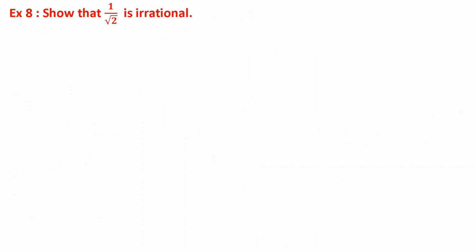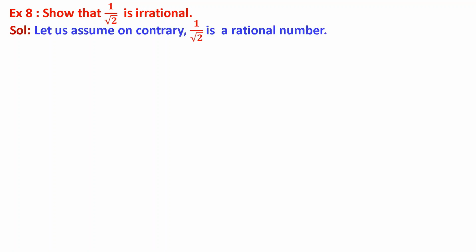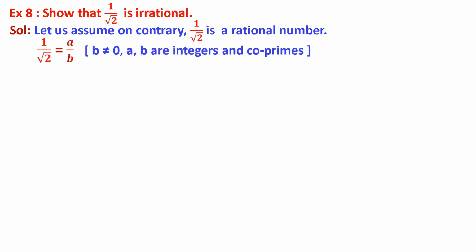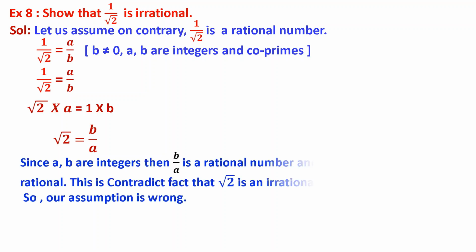Now one more example. Show that 1 by root 2 is irrational. Let us assume on the contrary that 1 by root 2 is a rational number. 1 by root 2 is equal to a by b, b not equal to 0, a, b are integers and coprimes. By cross multiplication we get a into root 2 is equal to 1 into b. By simplifying we get root 2 is equal to b by a.